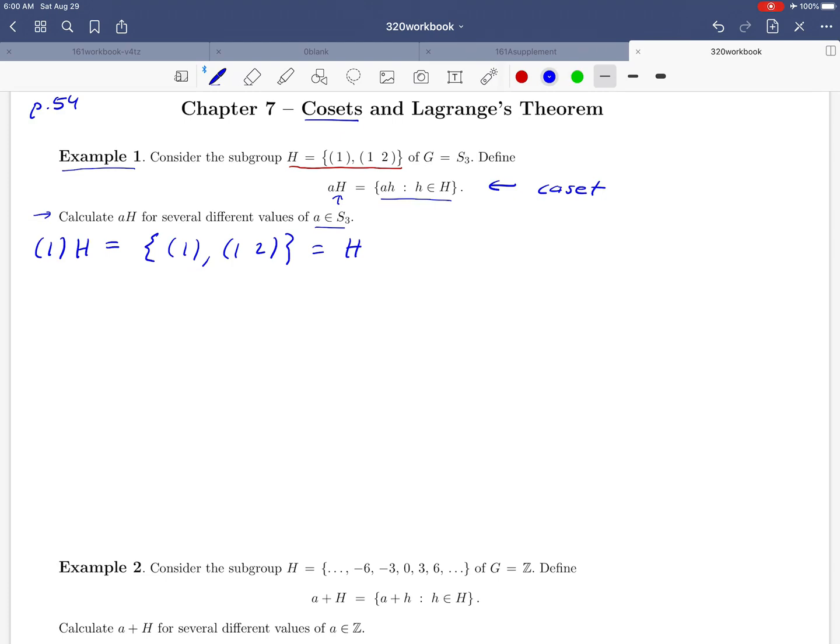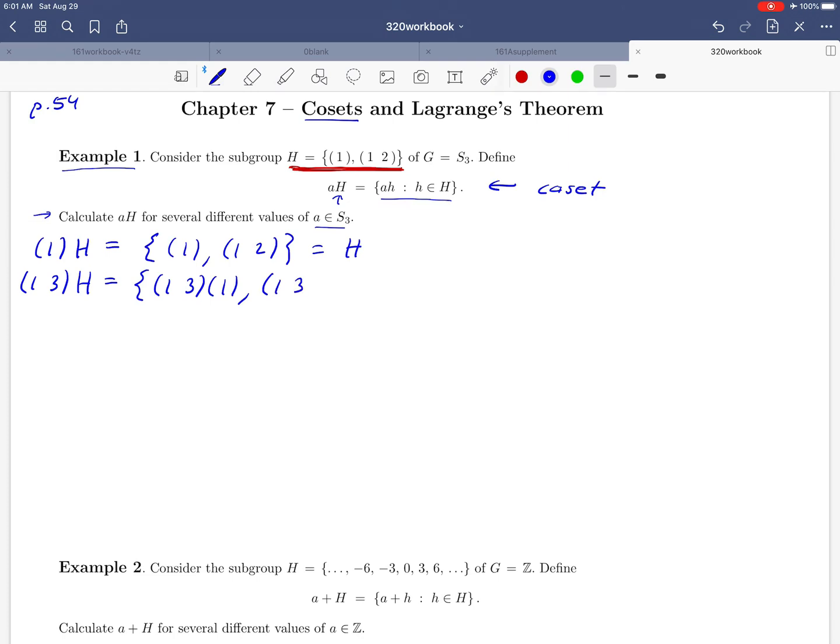Okay, let's pick another element in G. How about the permutation (1 3)? That's also a permutation on 3 elements. What would happen if we multiplied (1 3) through by our set H? Remember again that H is this set up here. We're just going to take that element (1 3) and multiply it by both of the elements in H one at a time.